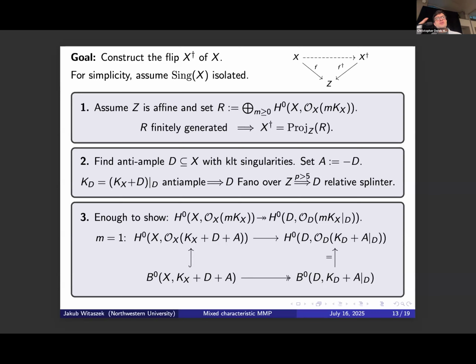The right arrow is where the lower dimensional input comes in, the splinter property. If we combine these two conditions, we immediately see that the top arrow is surjective. And we conclude the proof of surjectivity for m equals 1.